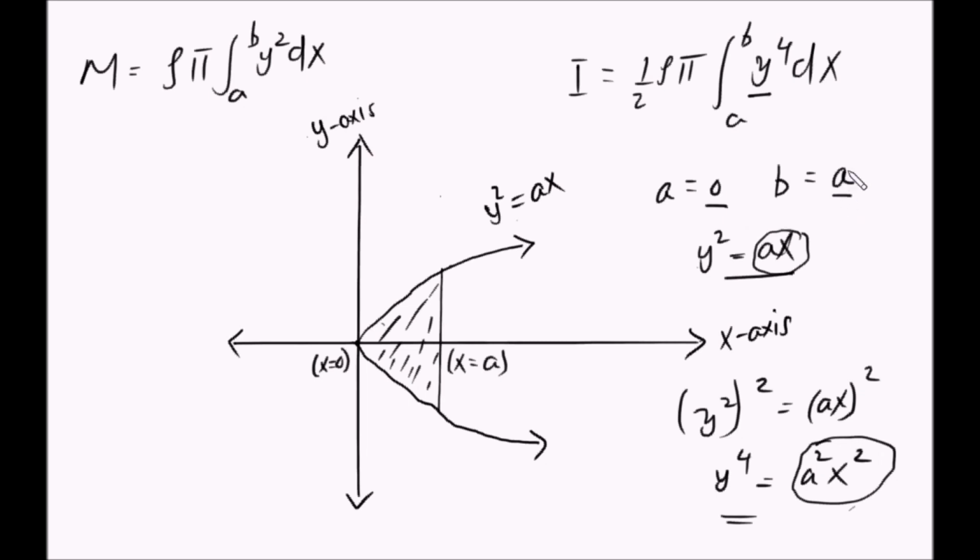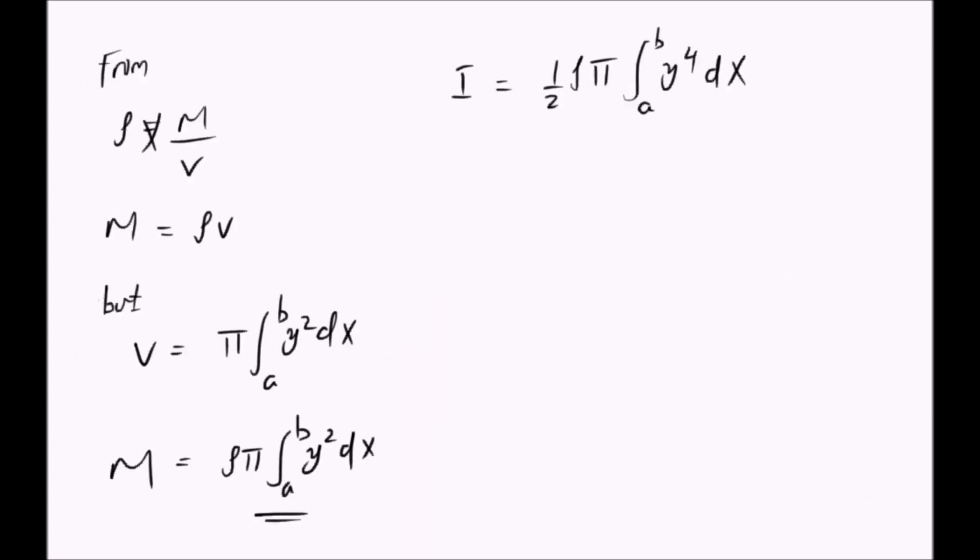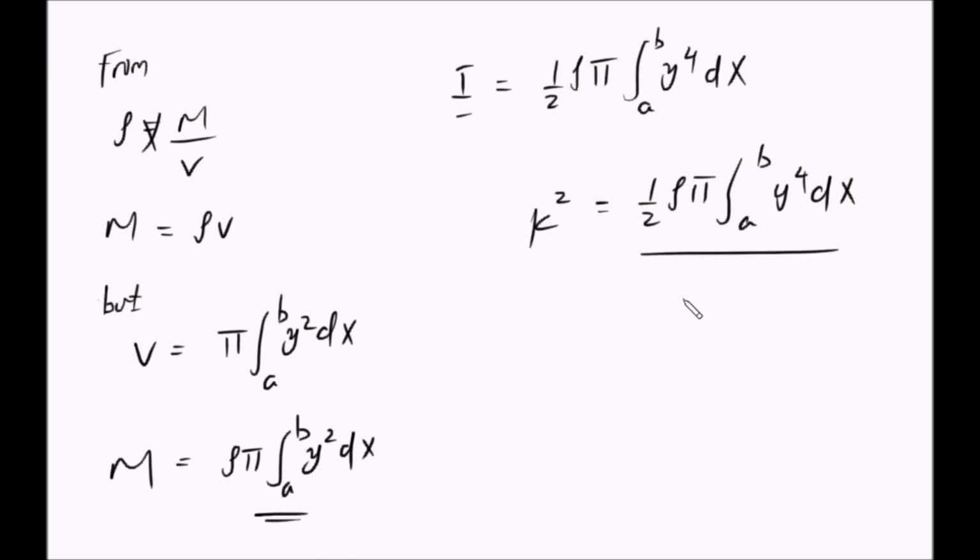So now we are looking for the radius of gyration. The square of the radius of gyration is equal to I over m. So it will be equal to 1/2 rho pi integral from a to b of y power 4 dx over rho pi integral from a to b of y squared dx.